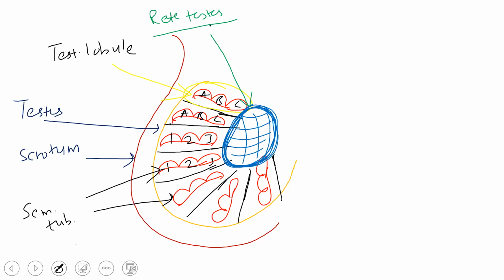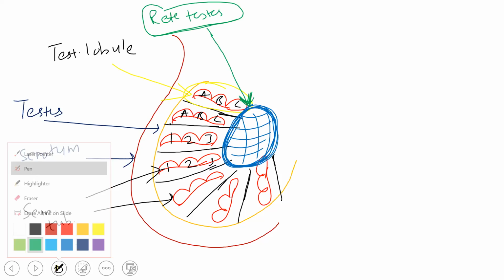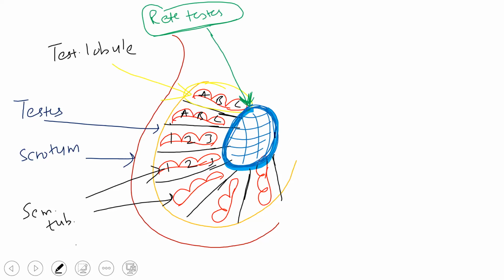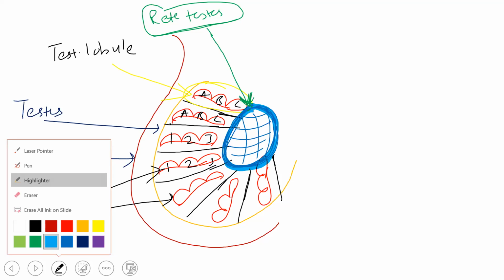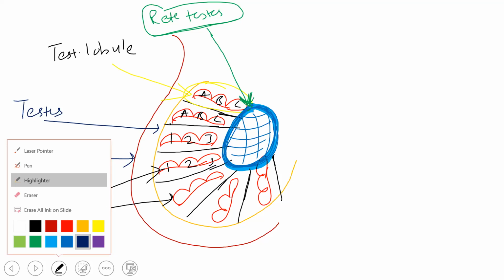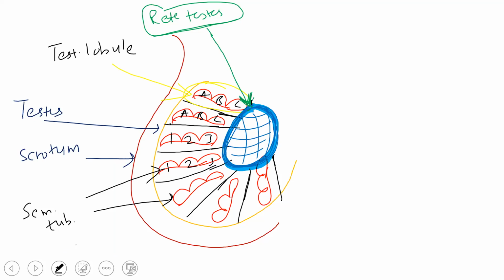This net-like structure is what we call rete testis, as you can see. They combine in the center and form this structure, which is rete testis. Got it, guys? Now from the rete testis, there will be this. Sorry.